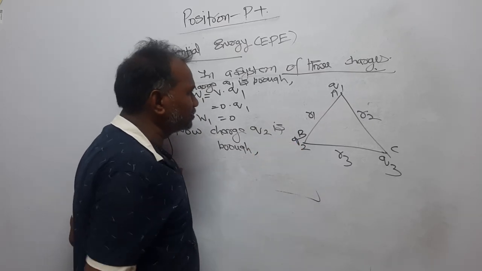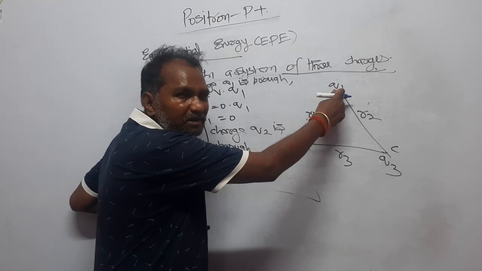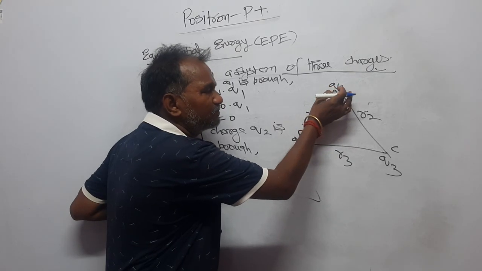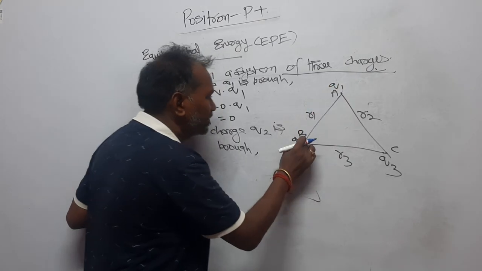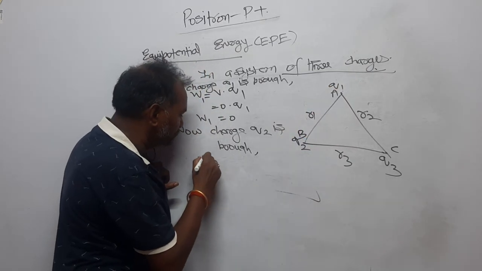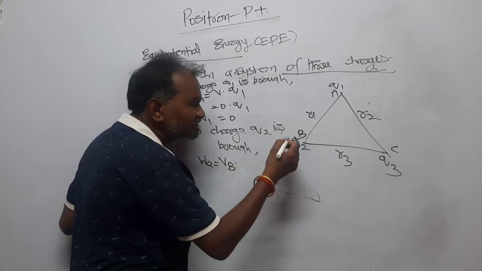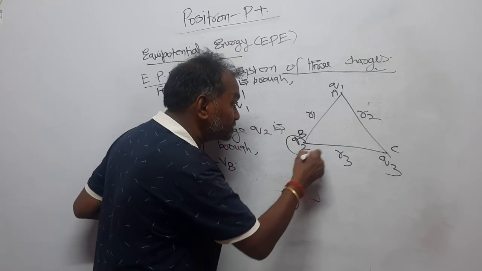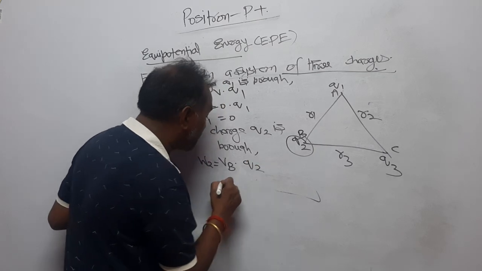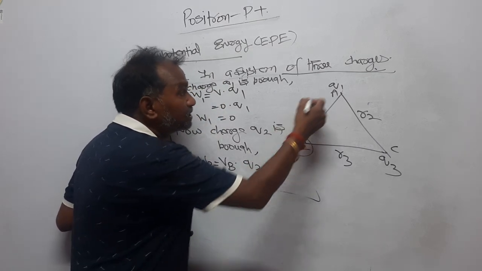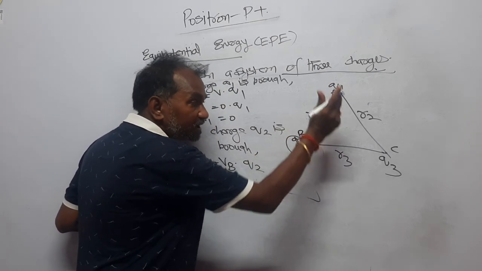If you bring Q2, then Q1 is already present. So you have to first find out the potential due to Q1 at point B. So W2 is equal to the potential at B into the charge which is brought, that is Q2, and the potential will be due to Q1, because Q1 is present.